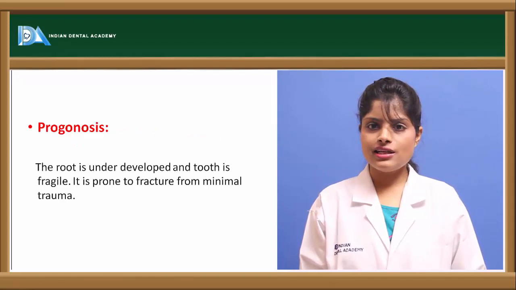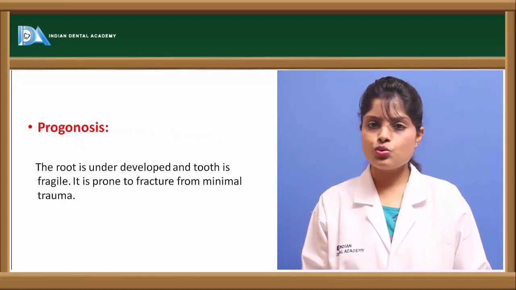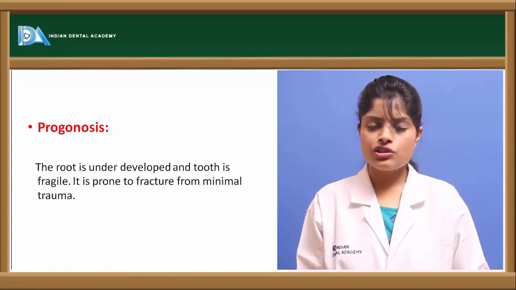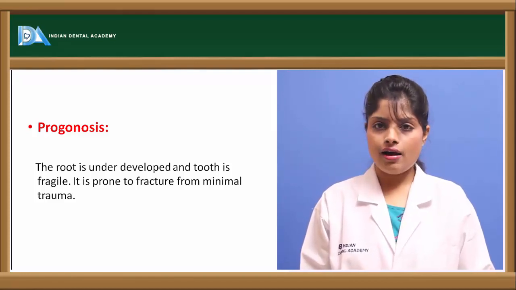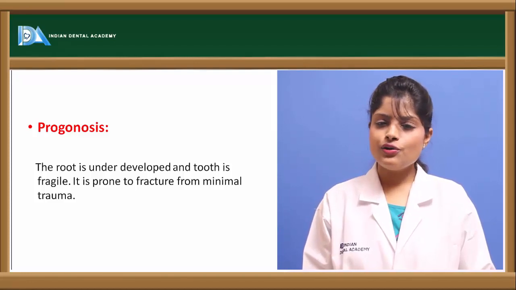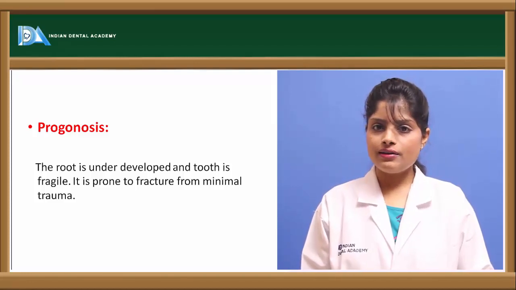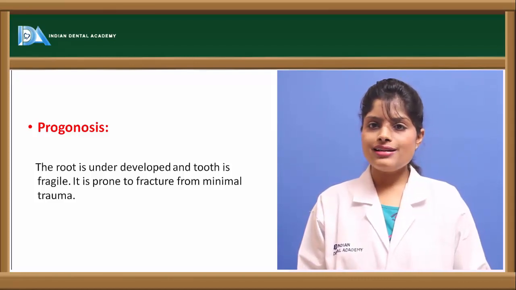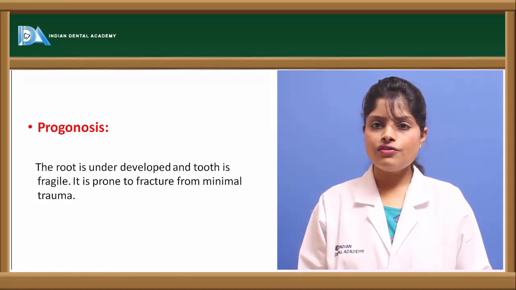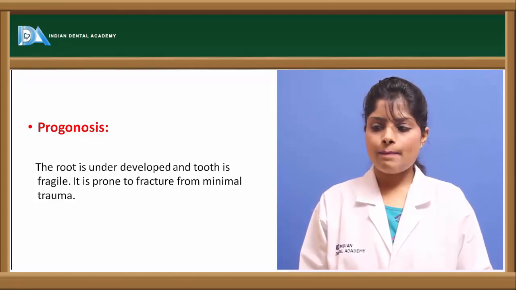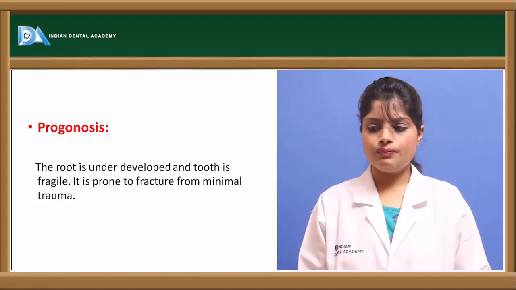There are certain criteria for apexification which were reported by Frank, which are also called Frank's criteria for apexification. They are: criterion number 1, if there is a radiographic evidence of a calcific barrier at the apex. Criterion number 2 indicates that instrumentation of the apical region will help in detecting the apical stop at that region.